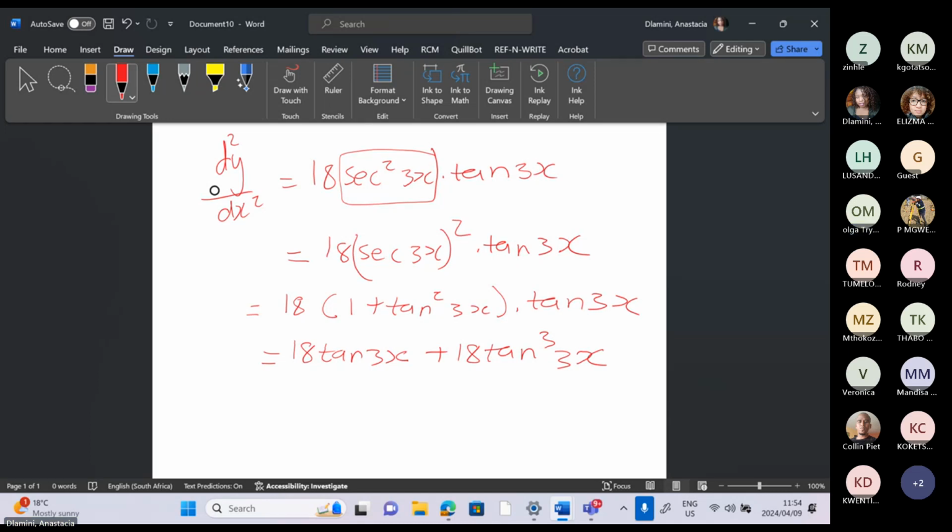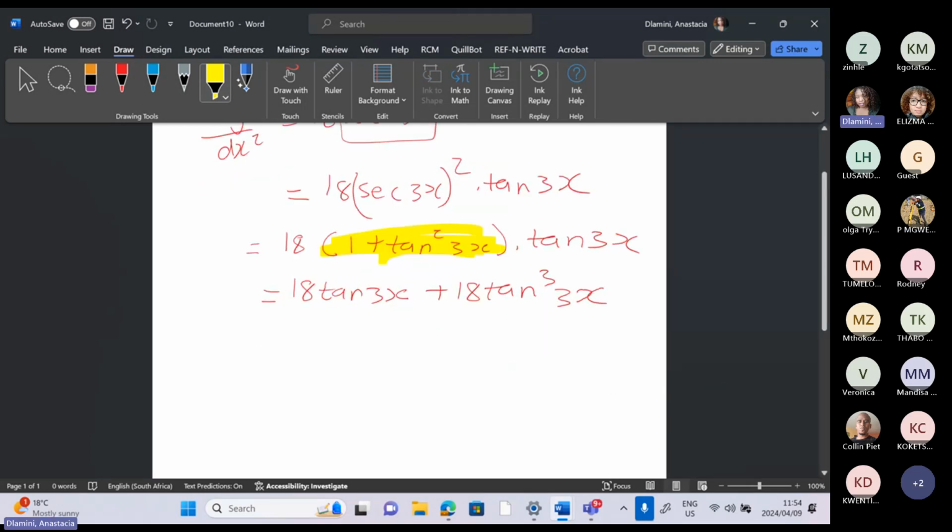I need 3 yeses. So we use the identity here. It's an existing identity, not something new. So from here, we can say the third derivative is equal to what? Let's go back to page 2.